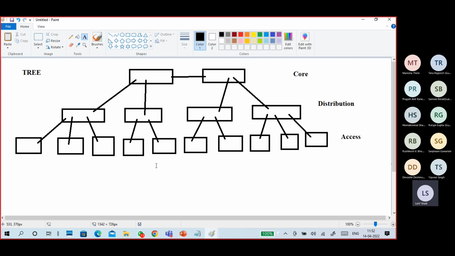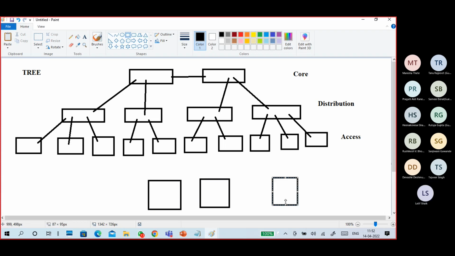So for managing a very big network, for example, in our Pune office, the network is like this, simple to understand. We have 3-4 rooms, and in each room we have computers. Then 3 switches are connected like an extended star.